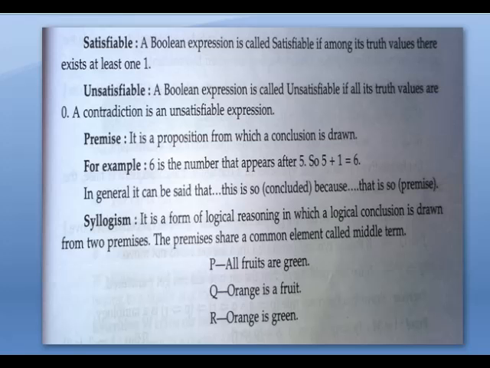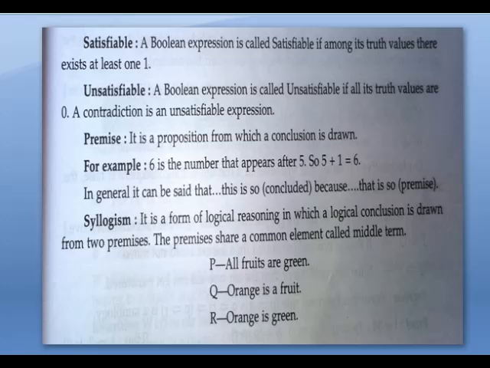So you see P: all fruits are green. Then Q: orange is a fruit. So orange is green. There is a logical reason. Orange is a color, and it is also a fruit. It can be green or orange in color.